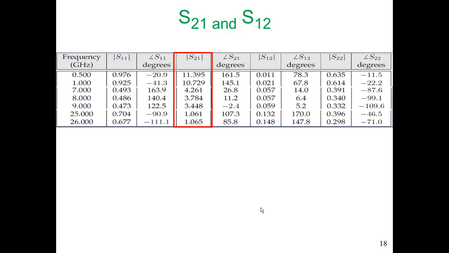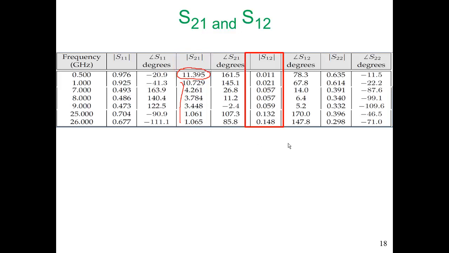But let's look at S21. When we're at 0.5 gigahertz, the low frequency here, we see that S21 is really quite large. Now these are absolute numbers. So S21 here is 11 at 0.5 gigahertz, and it falls off as we increase the frequency, getting down to 1.065 at 26 gigahertz. And so that is a very big drop off.